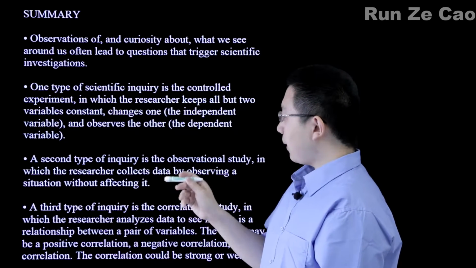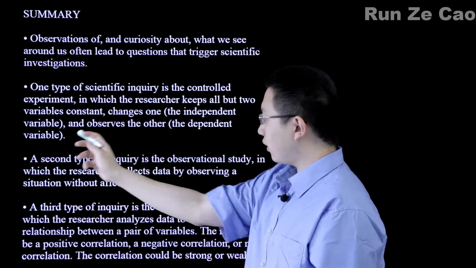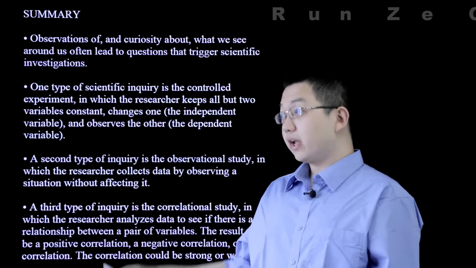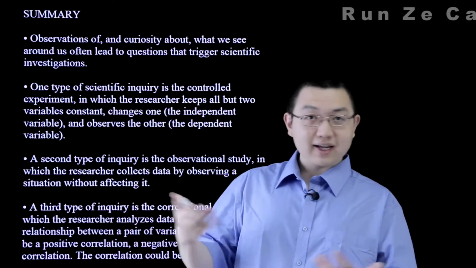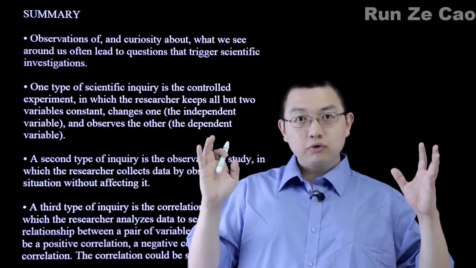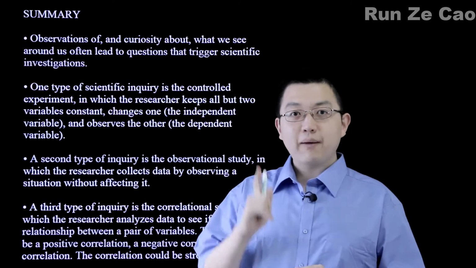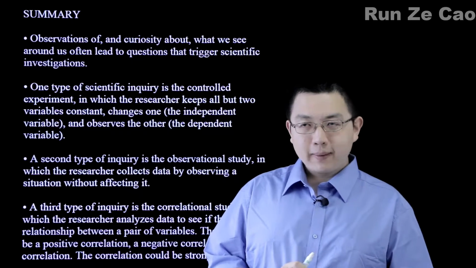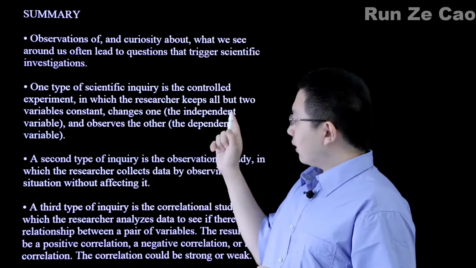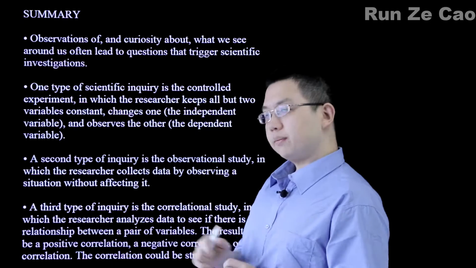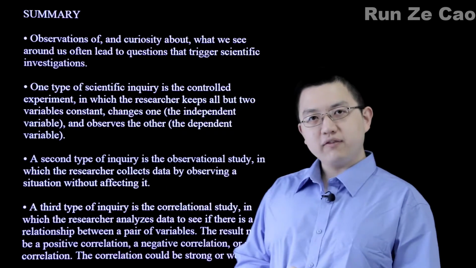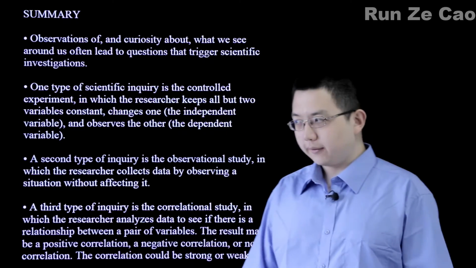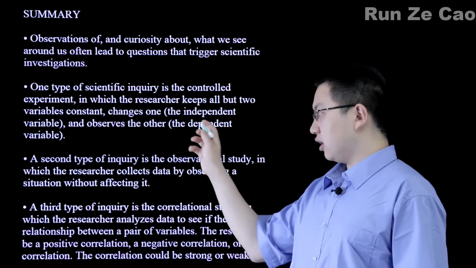Now, the controlled experiment has the independent variable, or independent variables, because most experiments have many independent variables, although people do try to control all of them except for one at a time. So, the independent variable is controlled by the researcher, and they observe what happens to the dependent variable based on the independent variable. So in other words, starting conditions, result.